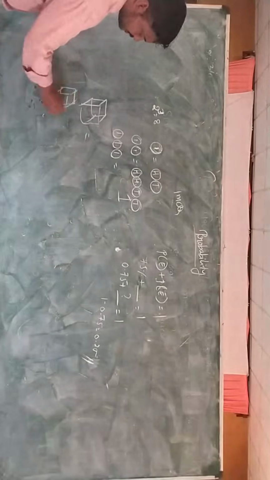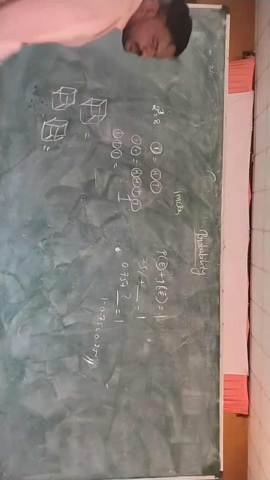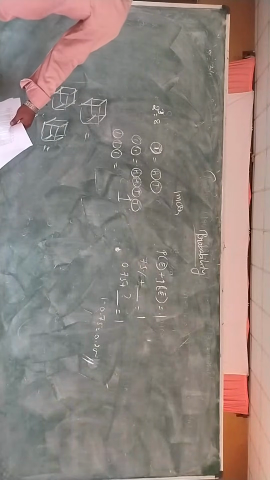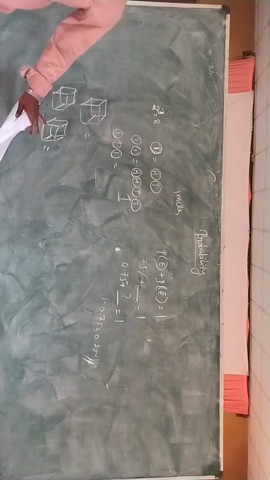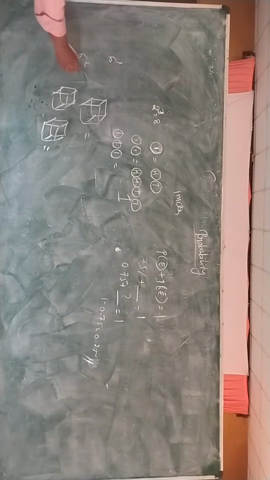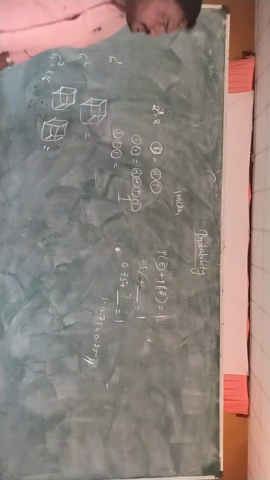If you throw 2 dice simultaneously, how many outcomes will you get? 36 outcomes: 1,1; 1,2; 1,3; 1,4 till 6,6. It's also the same: number of faces, 6, to the power 1, only one die. 6 square, 2 dice, 36. 6 cube, 216.